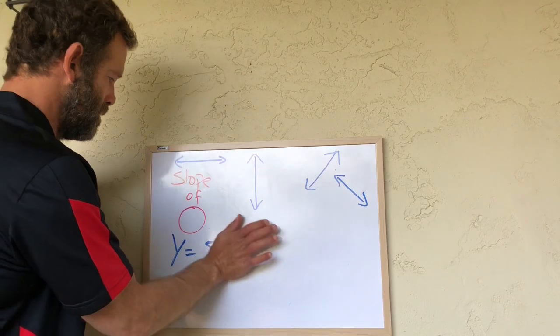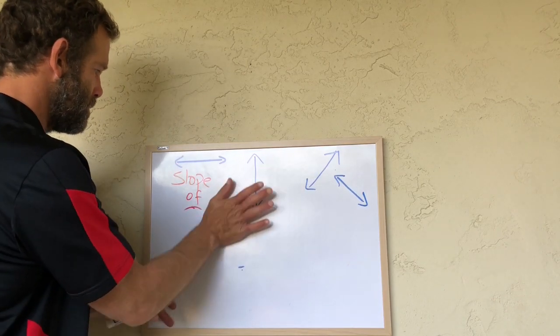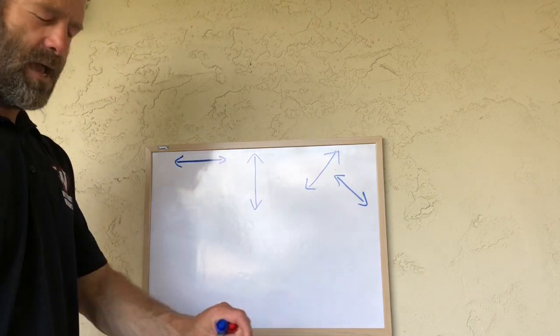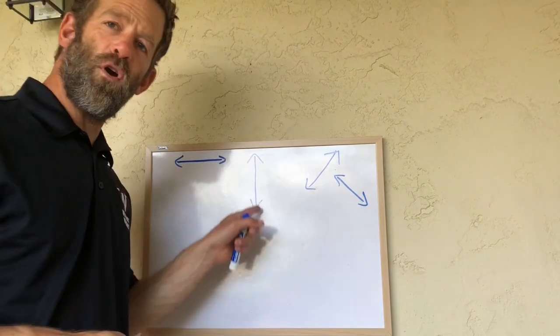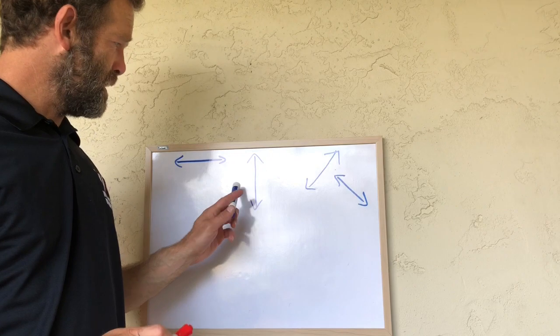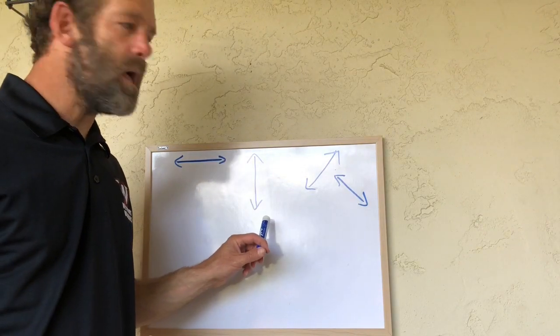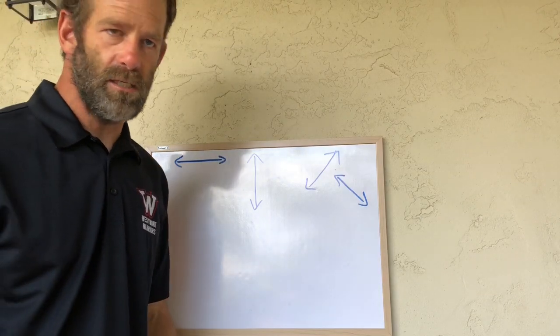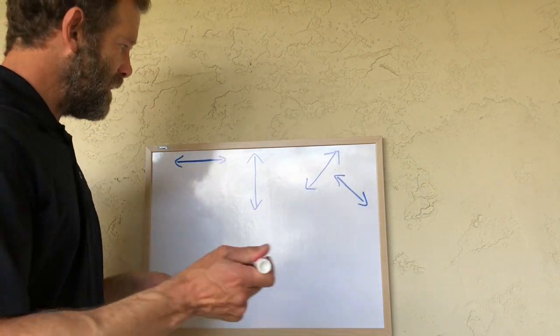Okay, now the next type of line that you should have learned from IM1 was a vertical line. The question is, is there a steepness to this line? Yes, there is definitely a steepness, but I have no idea what it is.